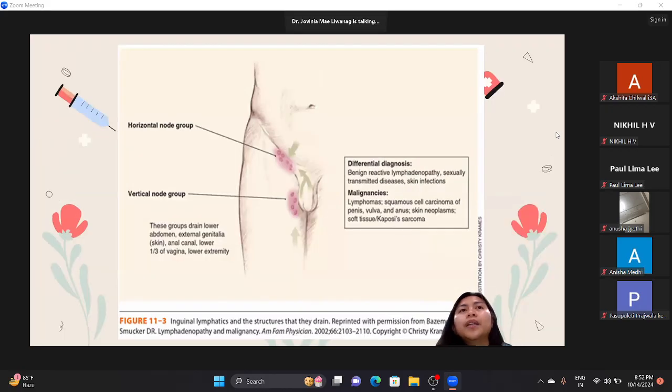So when the lymph node you palpate is in the inguinal part, you will differentiate if it's a sexually transmitted disease or just a skin infection. Or it could also be malignancy, like squamous cell carcinoma of the penis, vulva, anus, or Kaposi sarcoma.